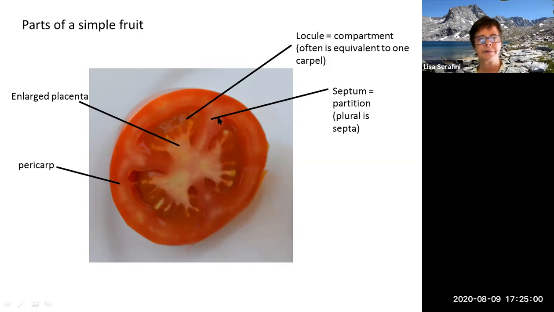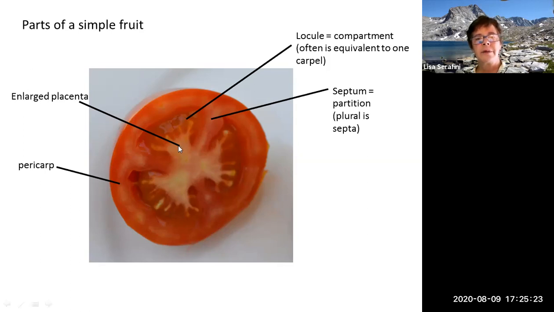Plural is septa. And then the compartment that those septa wall off is called a locule. A locule is a compartment. It's often equivalent to one carpel, and that is true in this case. So we actually have three compartments, three carpels that were fused together to make this one fruit.